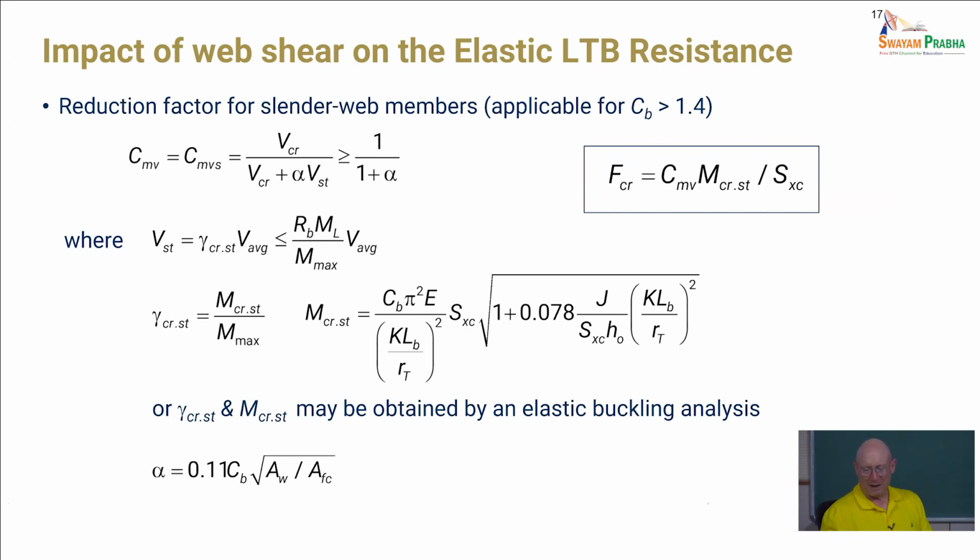So I think it's a good thing that we're moving in this direction, and we'll always calculate the LTB resistance using all the terms from the mechanics for the elastic buckling resistance. But for these cases where there's a clear reduction in the elastic LTB strength due to elastic lateral torsional buckling, we're taking a reduction due to the shear in the web.